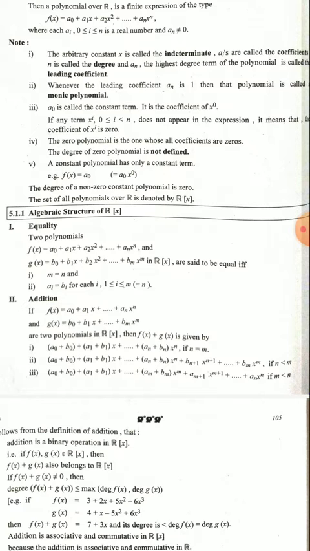Suppose we have two polynomials, f of x is equal to a naught plus a1x plus dot dot plus an x raised to the power n, and g of x is equal to b naught plus b1x plus dot dot dot plus bm x raised to the power m, two polynomials in R of x.